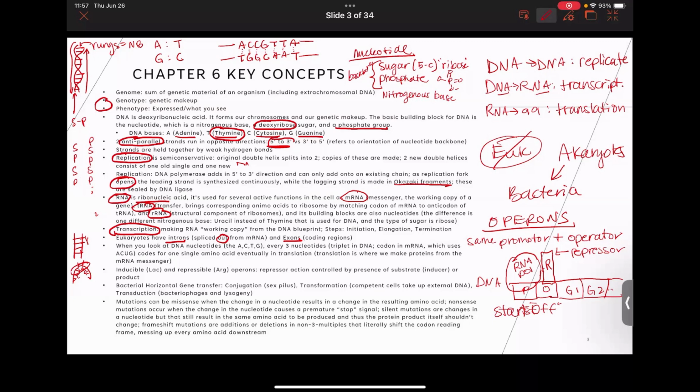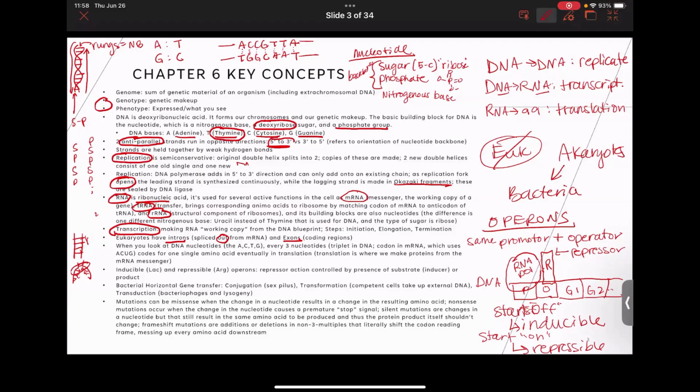So we can induce this to give birth to our transcripts. The ones that start off are inducible. If you didn't have the repressor there and you were able to work and you started on, then you're repressible. We can repress you. That's it. Don't read too much into it.